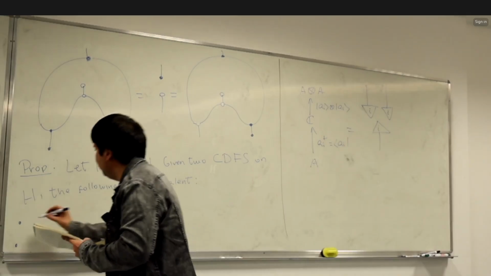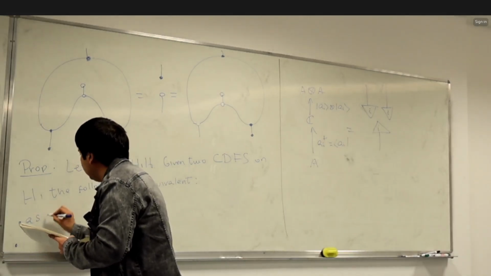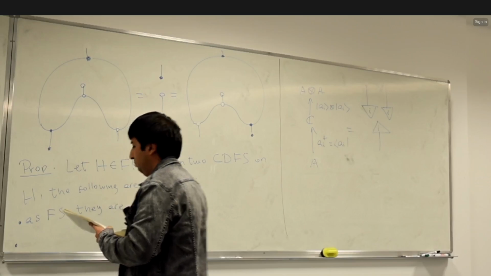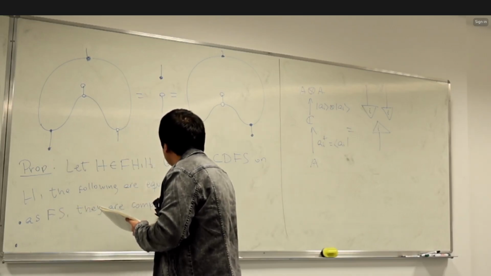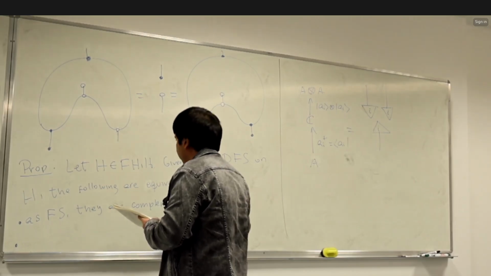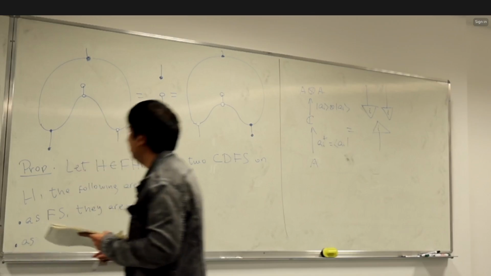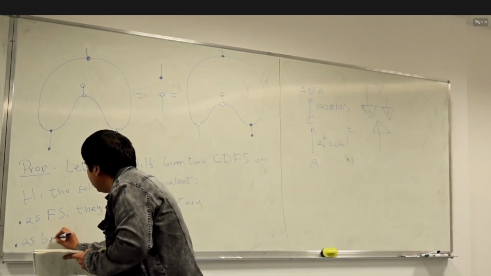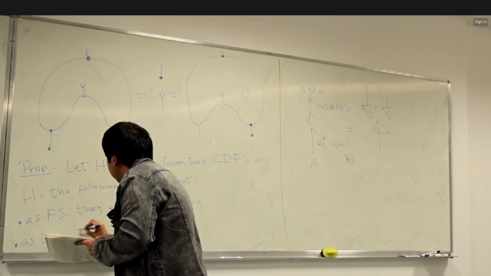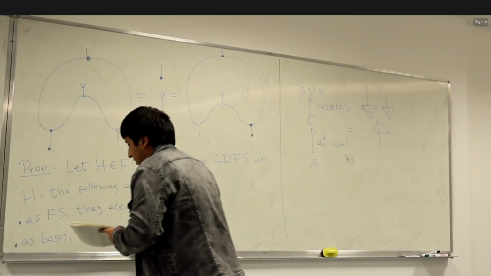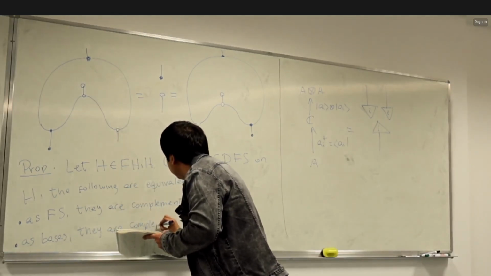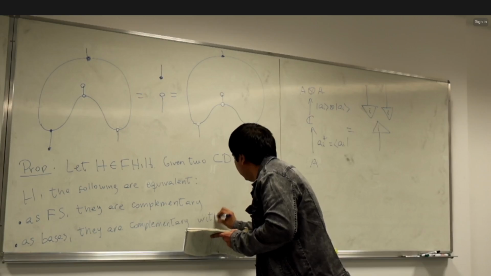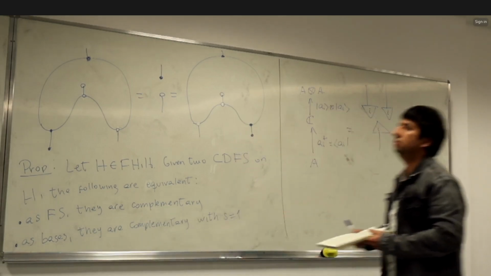The following two sets, as Frobenius structures, are complementary, and as bases, because remember this Frobenius structure induces an orthonormal basis, as bases they are complementary, but with S equals to 1. Yes.